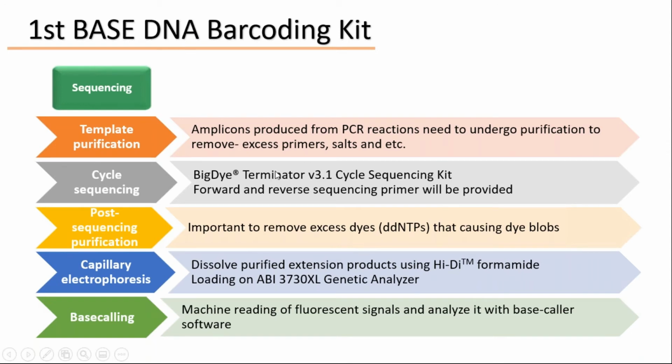After the sequencing reaction, meaning the cycle, we will go through another step called post-sequencing purification. This is just to remove the excess dye terminators, ddNTPs. After that, the final step will be the loading in the capillary electrophoresis. In the first place, we are using the high throughput genetic analyzer called ABI 3730XL.